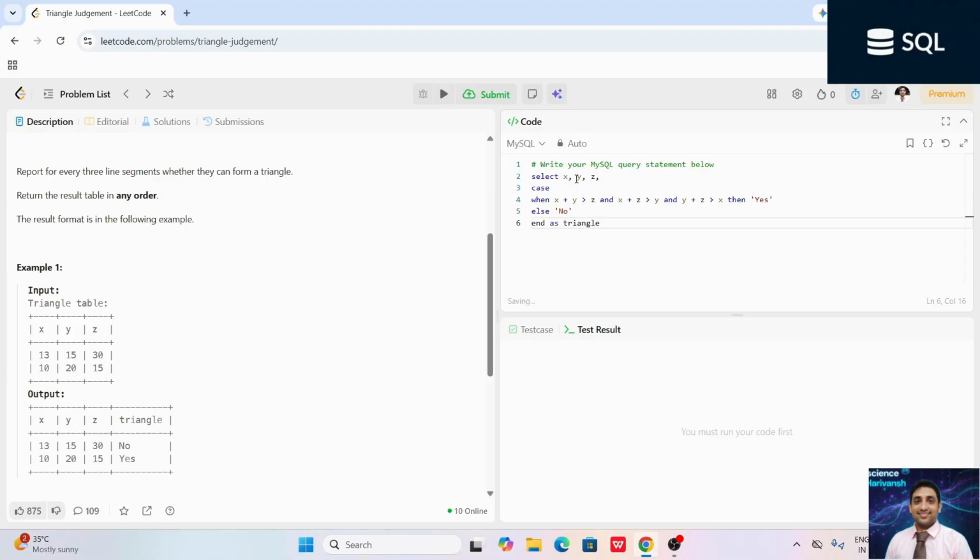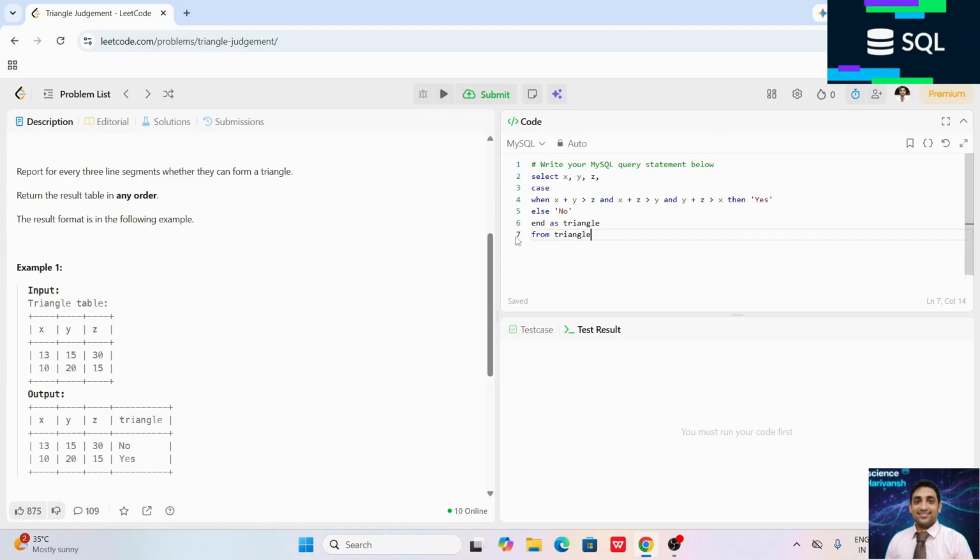This ends the case block and gives the name triangle to the result column, which matches the required output format in the question. Finally, from triangle, which tells SQL that we are selecting data from the triangle table given in the problem.